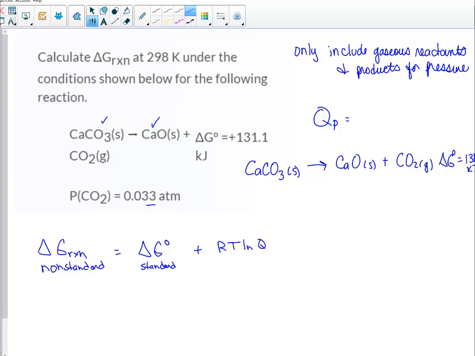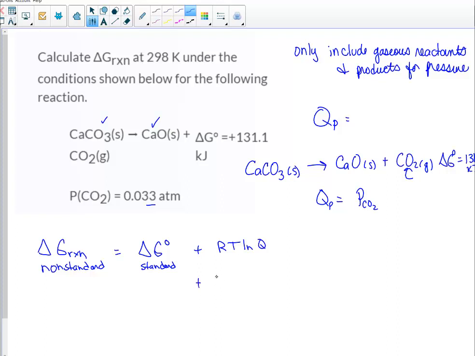That's the equation written out in a better form. The only gaseous reactant or product is carbon dioxide, so Q is very simple here. It will be in partial pressure, and it's equal to the partial pressure of carbon dioxide raised to the first power. That's the only ingredient involved in the quotient expression.